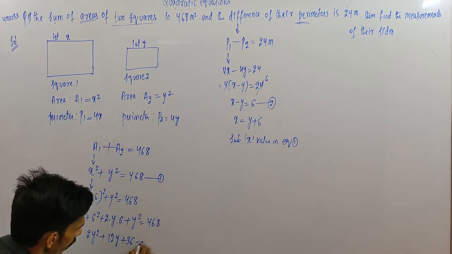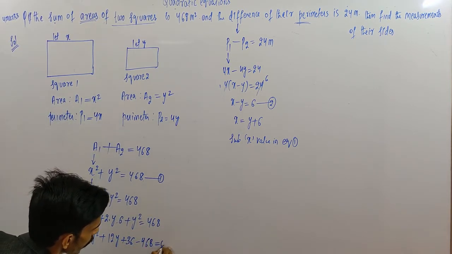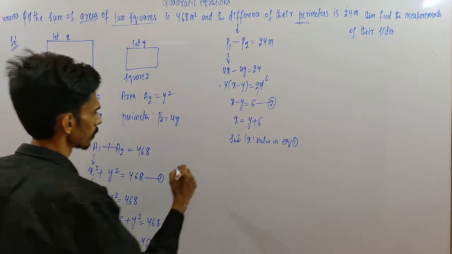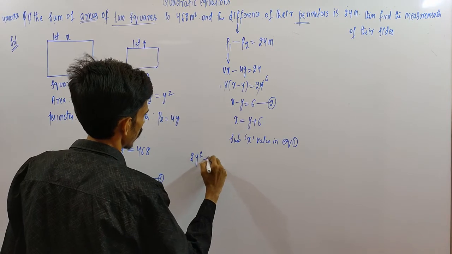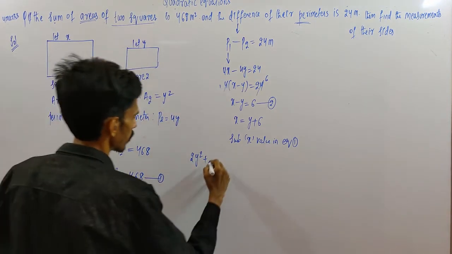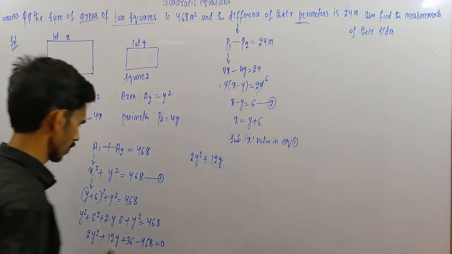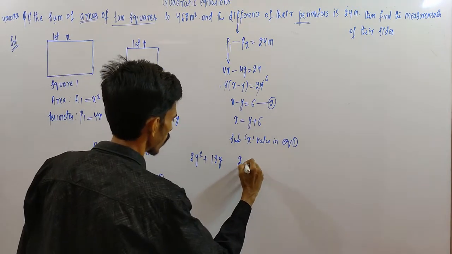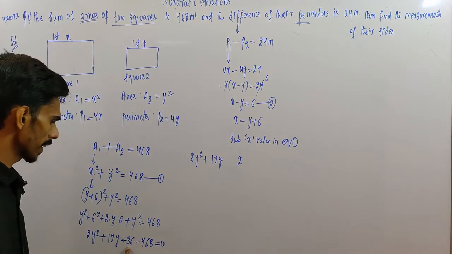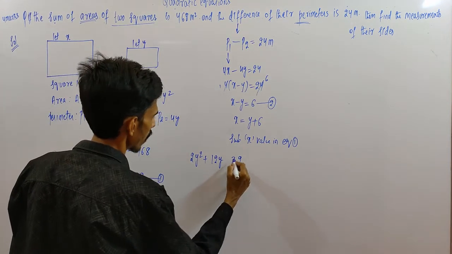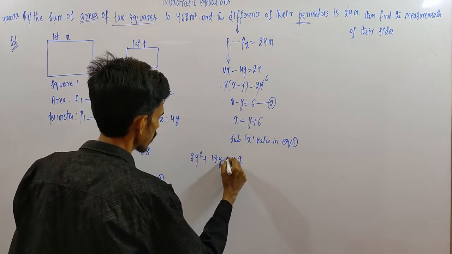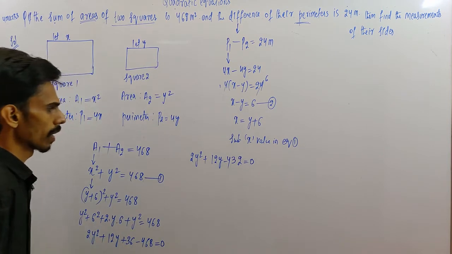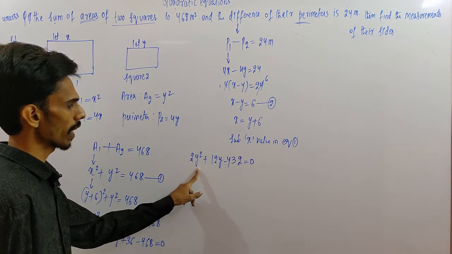Take this value here, it will become minus 468 equal to 0. Now 36 minus 468, we have minus 432 equal to 0.